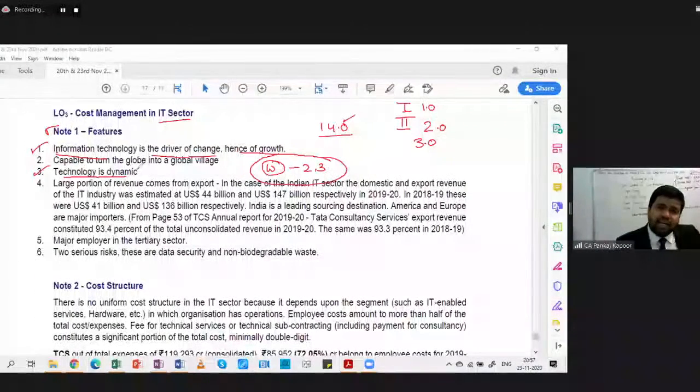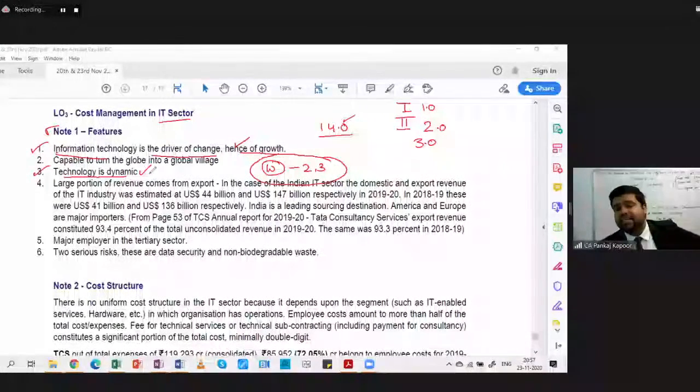So these two features have a high impact upon costing. Number one, the growth is due to IT, and the second is that IT is dynamic. It means things keep changing, hence you need to upgrade yourself. If you don't move to the next version of the taxation software or some other accounting software, then it's a problem for you. And in order to upgrade, you need to pay extra cost.